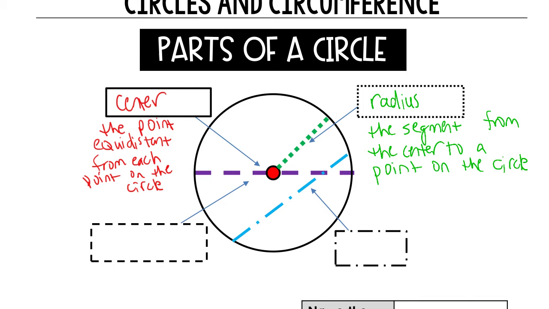Next, we'll look at this crazy purple dashed line and know that this is called the diameter.